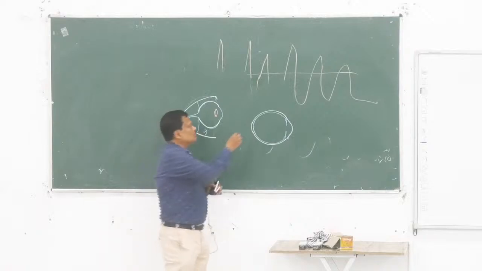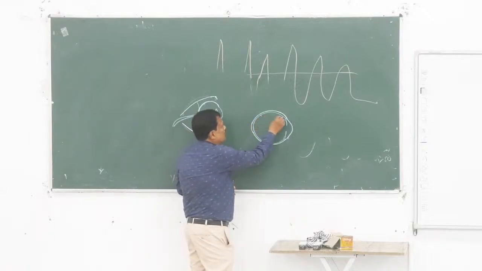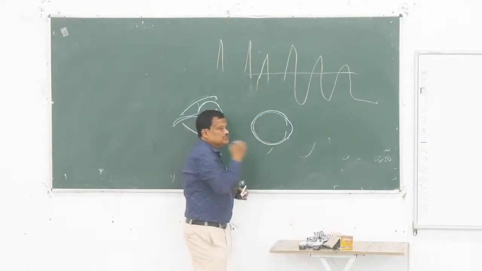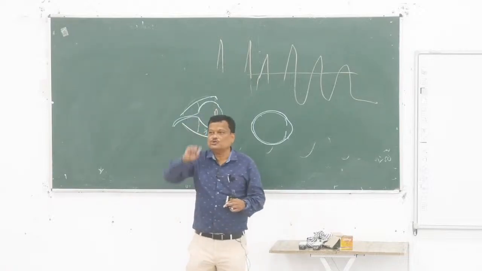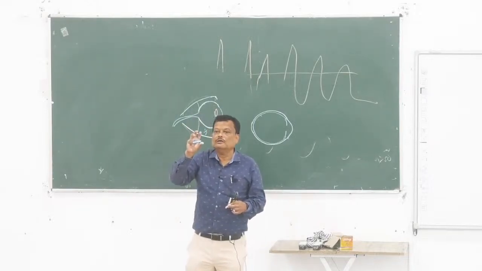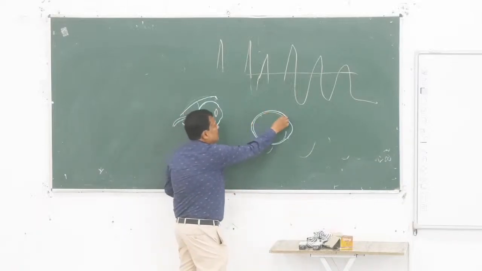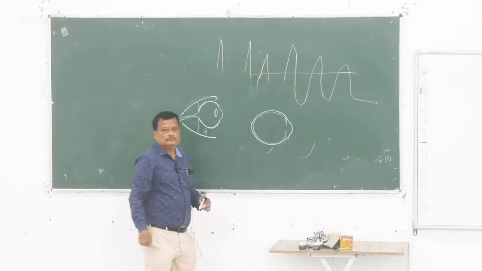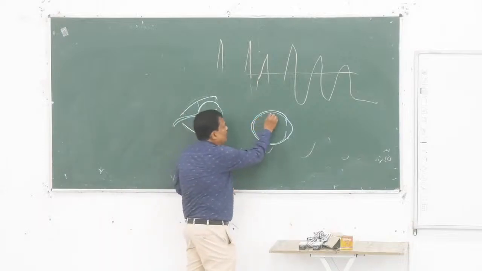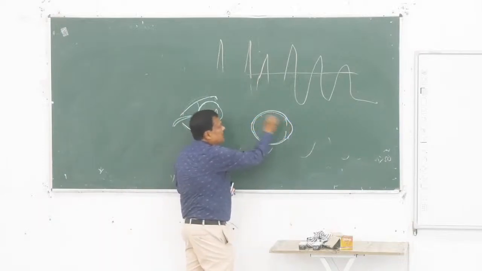So middle coat consists of choroid, ciliary body, and iris. It's a cut section. Actually, all are circular. It is like a ball. So outer coat is sclera and cornea. Middle coat is choroid, ciliary body, and iris.